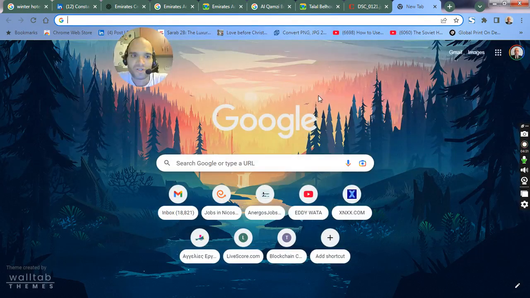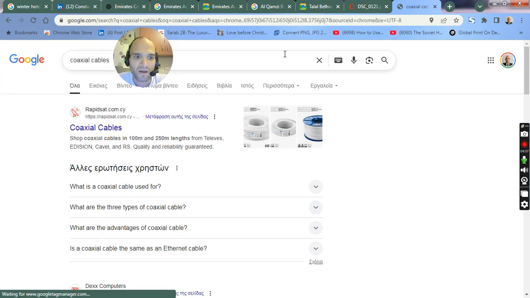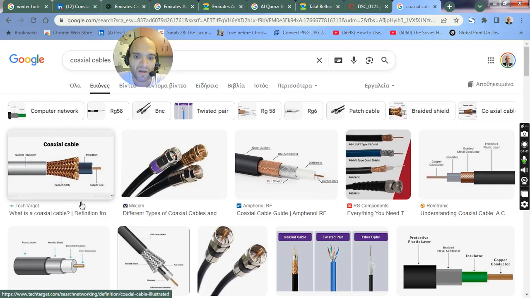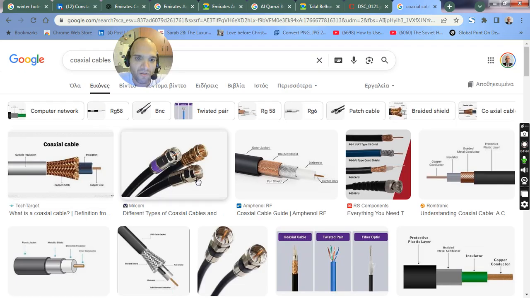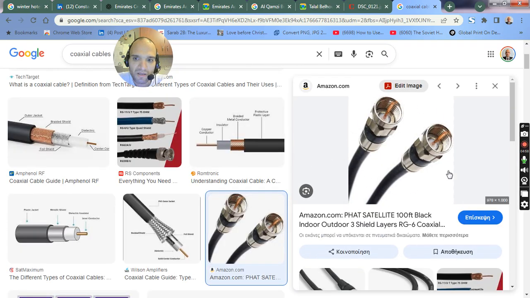So just as an example, coaxial cables. I believe coaxial cables are the so-called naval cables, because at first they were used by the Navy, by the Navy vessels. So this is a coaxial cable.